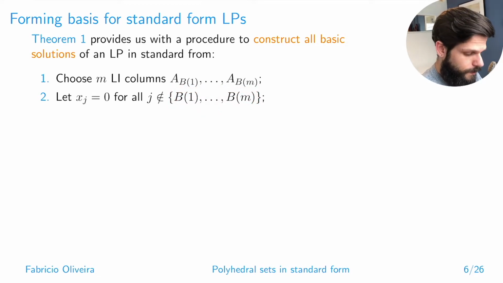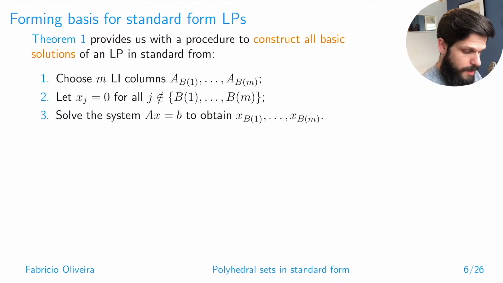Okay? Once I do that, I'm basically forming a basic solution, because the last thing I have to do is to solve the system Ax = b to obtain the value of the variables that have not been zeroed, right?